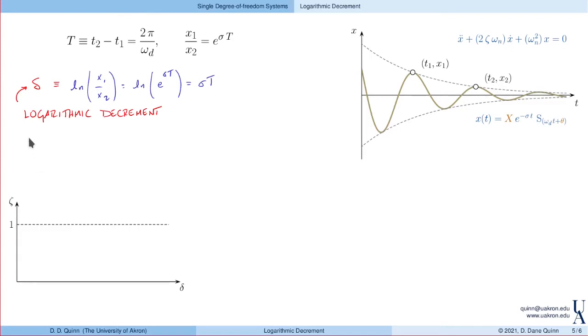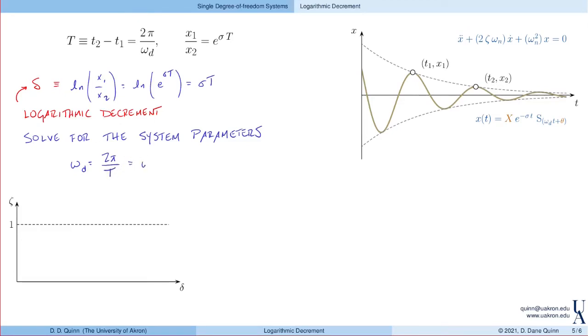As a result, we can solve these two expressions for the system parameters. Well, looking at the period, we see immediately that omega d is 2 pi divided by the period.